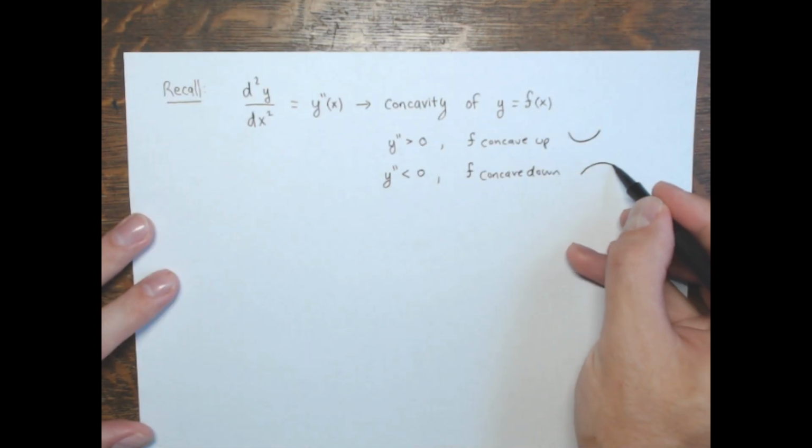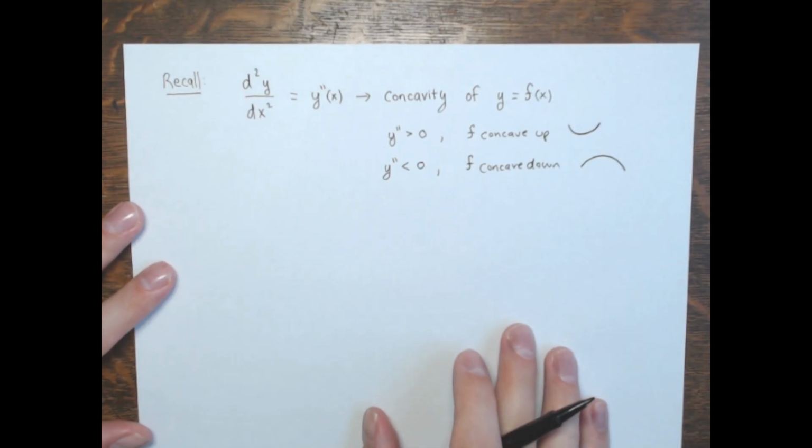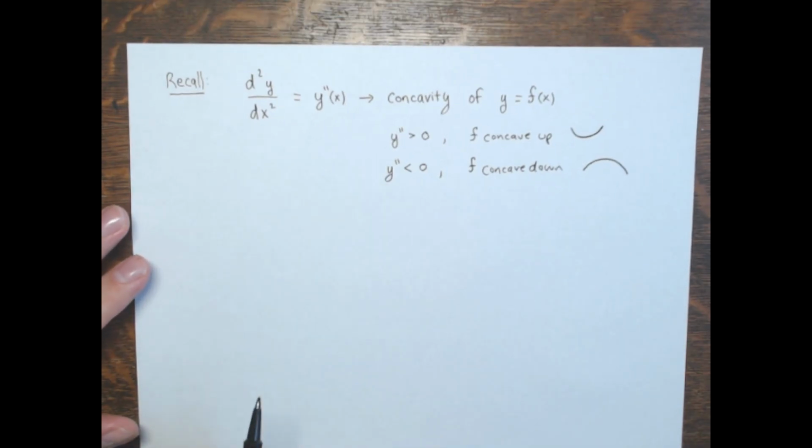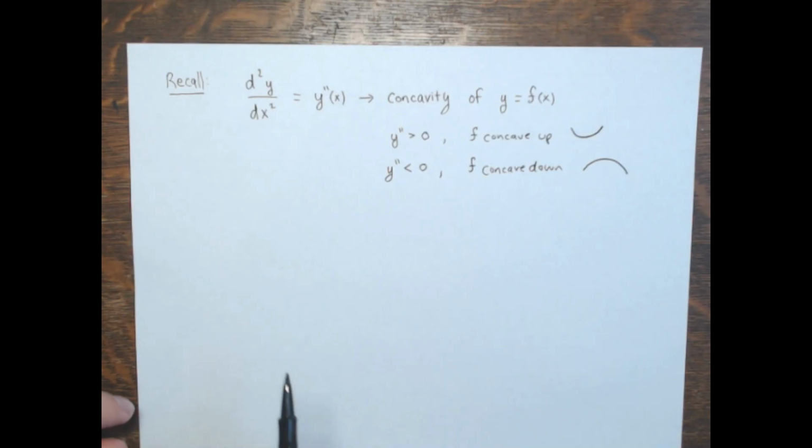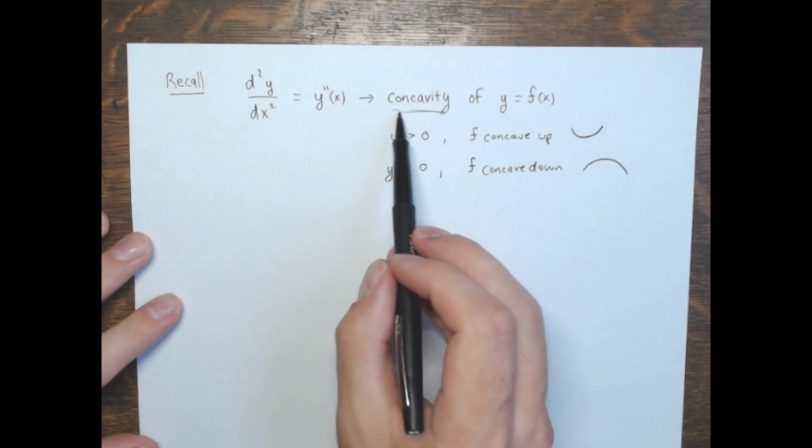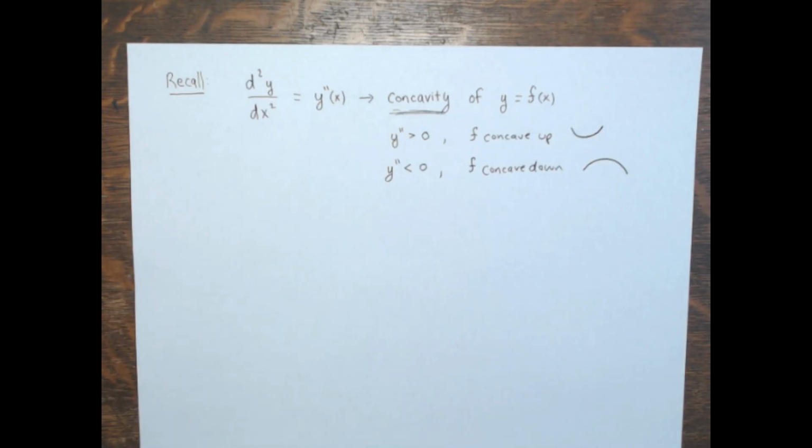So curling downward like that. And wherever it was equal to 0, if the concavity were changing from down to up or up to down at that point, then you'd have an inflection point. But this second derivative helps us determine the concavity of a curve, which way a curve was turning, upward or downward.